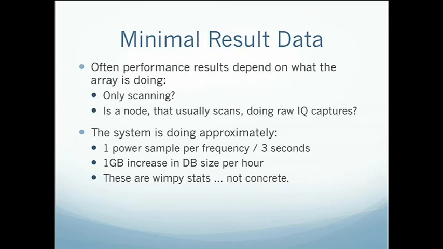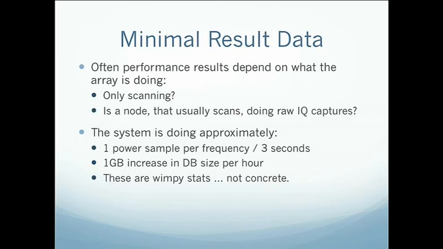Some very wimpy statistics that I've generated. Basically this is just doing select queries on the database to see in general what I've gotten. It's basically one power sample per frequency every 3 seconds.